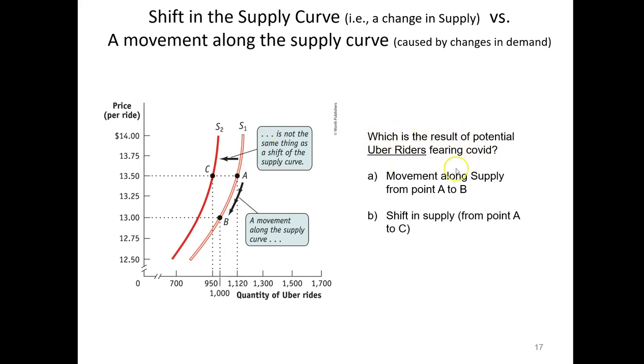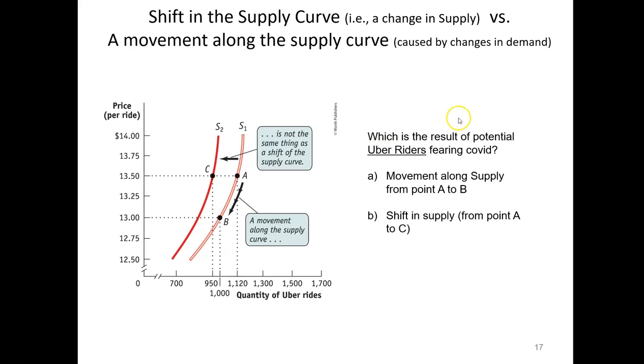Is the decrease in people wanting to buy that we saw as a decrease in demand going to be reflected by moving from, let's say the old price was 13.50 on supply one, but now people are wanting to buy fewer rides, so the price is going to go down and we're going to be at this point B? So a movement along the supply curve. So answer A. Or is it going to cause a shift in supply? Answer B.